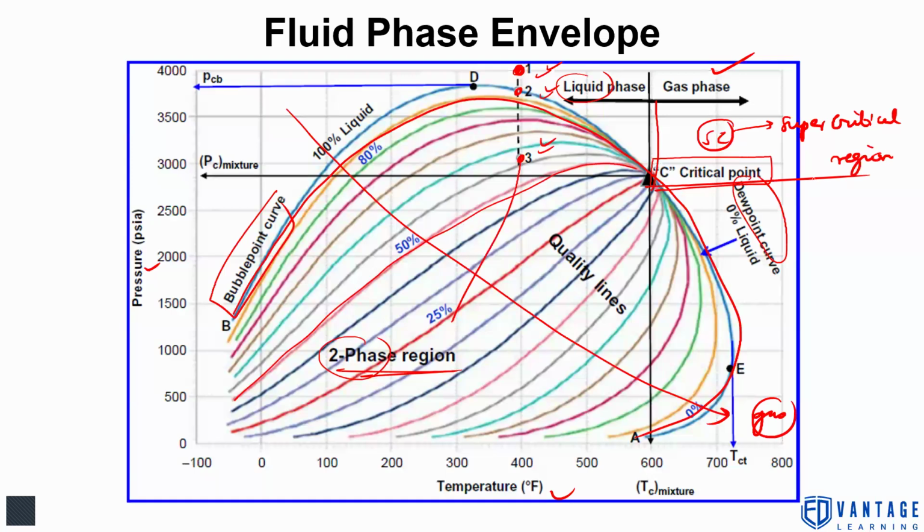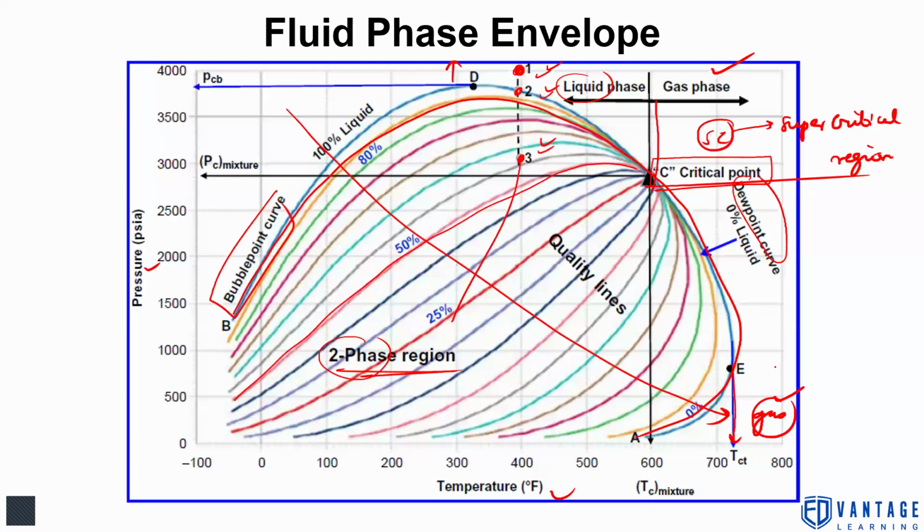It should technically be a liquid only, but yeah, we call it supercritical. Okay. So critical pressure is the maximum pressure above which only liquid is found. And critical temperature is the temperature above which only gas is found.